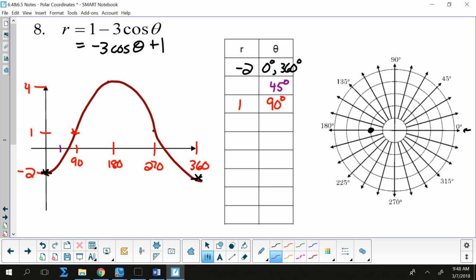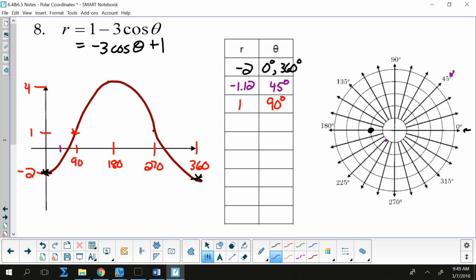Value of my function here? Anybody? 1 minus 3 times the cosine of 45 degrees on a calculator? -1.12. So here's 45 degrees, right? So a value of -1.12 would be right in there.